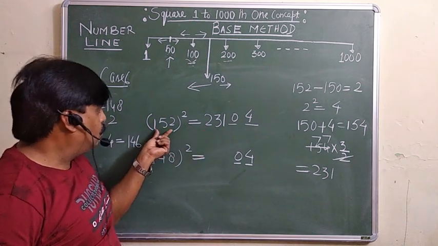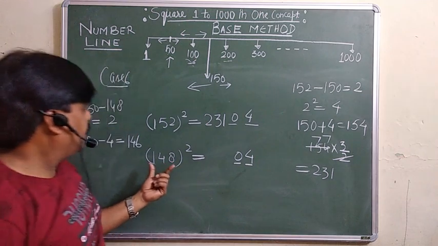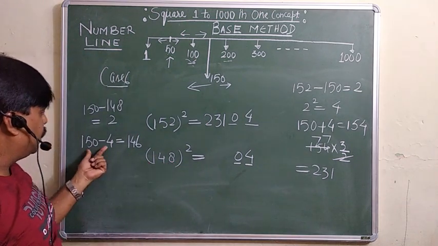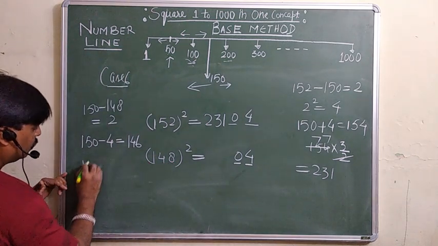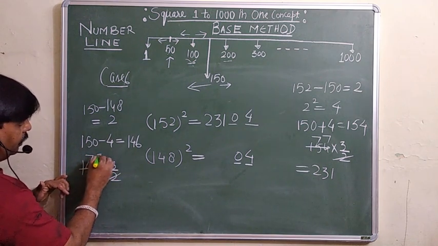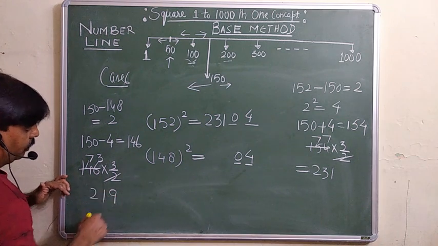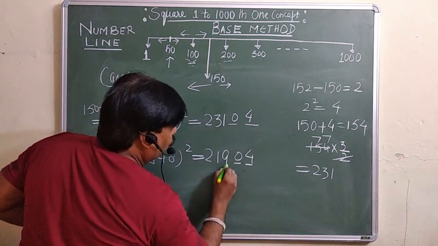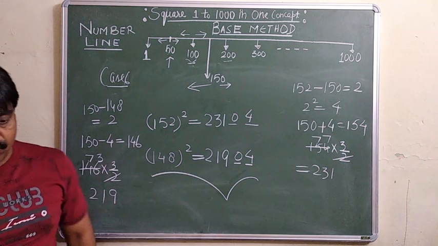Here in case it is more than, we were adding. If it is less than, we are supposed to subtract. And do the 3 over 2 of this number. 3 over 2 of 146 is 219. So 21904 is the square of this number. Have a look.